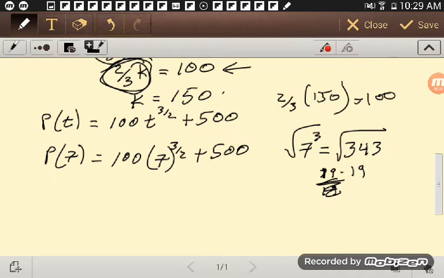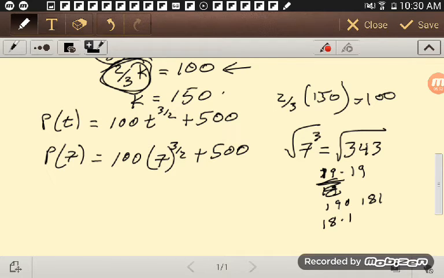19 times 19, right? That's 190 plus 9 times 19. Well, that's 9 less than 10 times that, so that's 189, or sorry, 181. So that's 371.